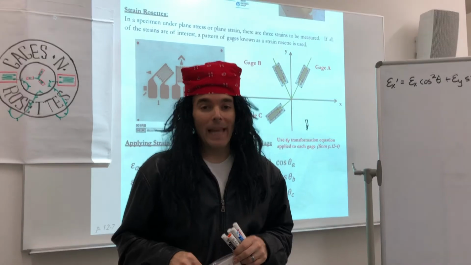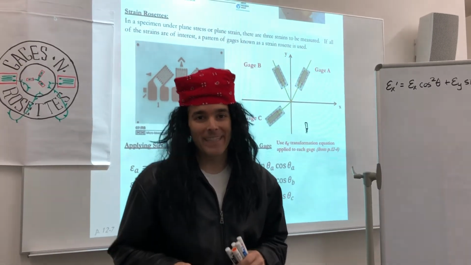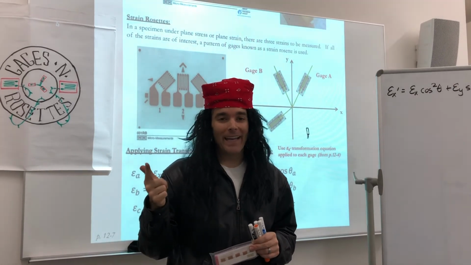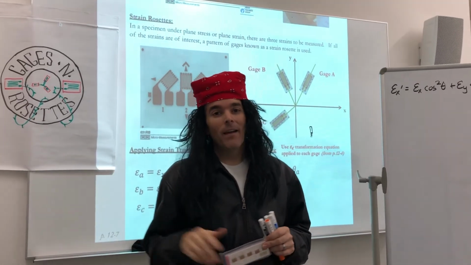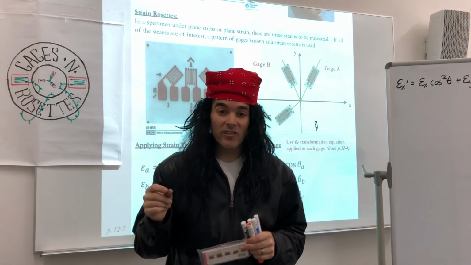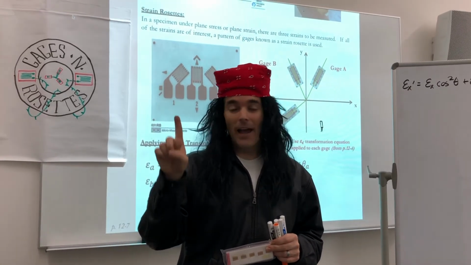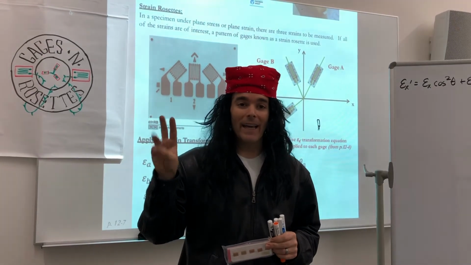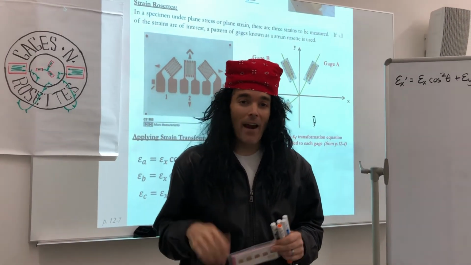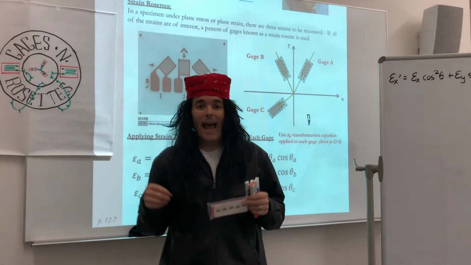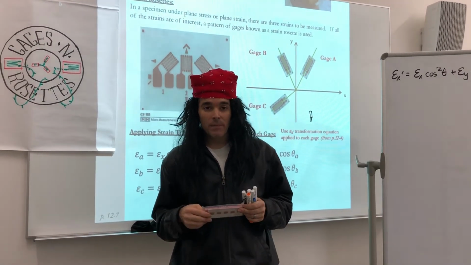When we talked about plane strain transformation, we involved epsilon x, epsilon y, and gamma xy. Right? So when we look at measuring this with strain gauges, because we need to solve for epsilon x, epsilon y, and gamma xy in a lot of our applications, it's important that we have more than one strain gauge applied.